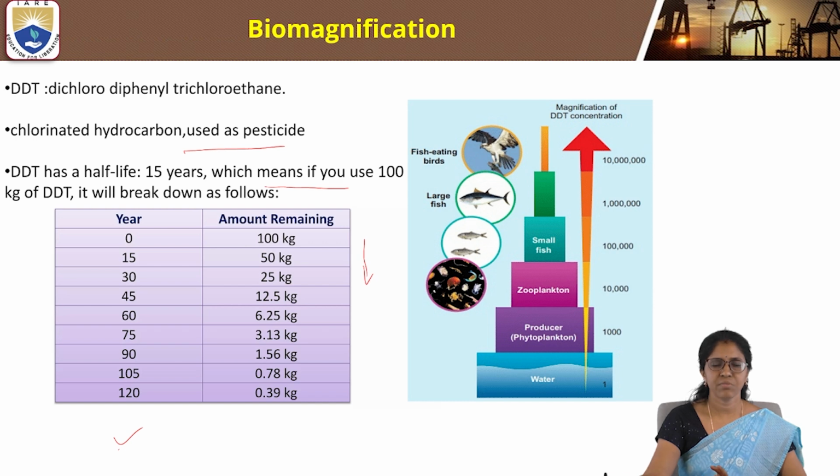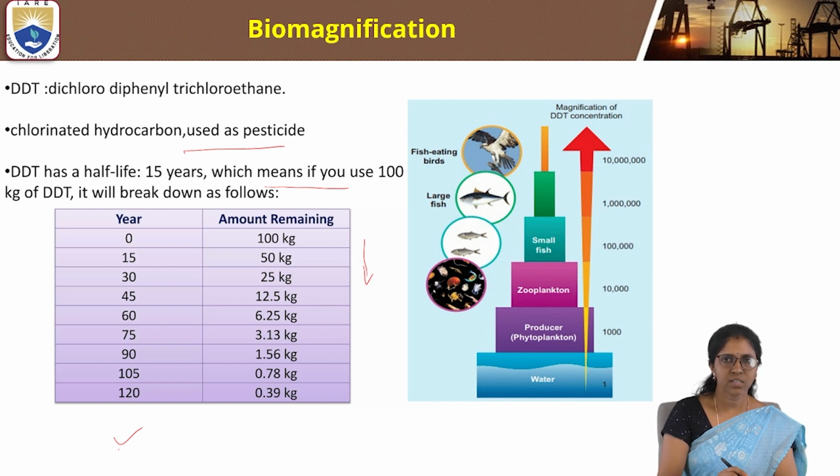So the half-life of DDT is 15 years. If we see the table, for each 15 years, the concentration of DDT decreases to half. In year 0 it is 100 kg. After 15 years it becomes half, 50. After 30 years it becomes half again, 25.